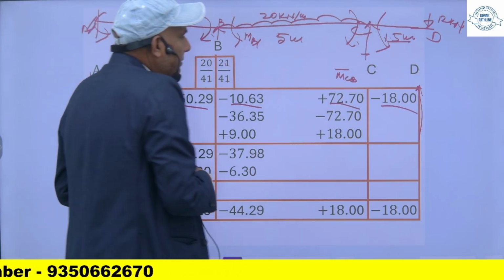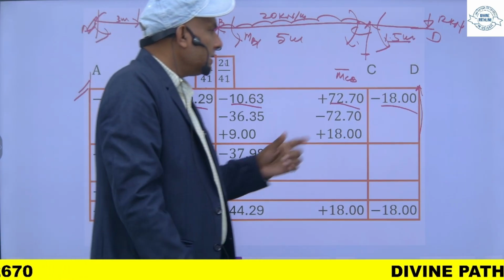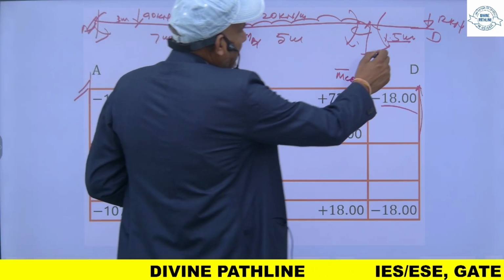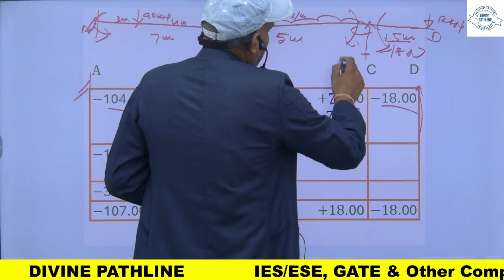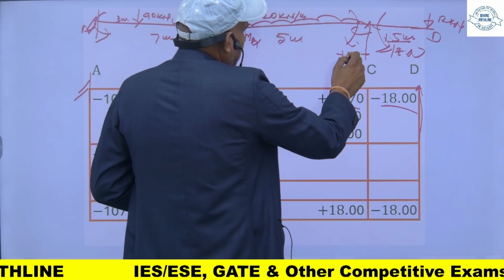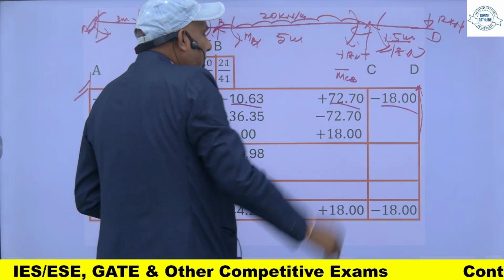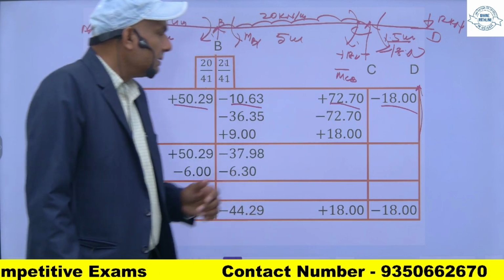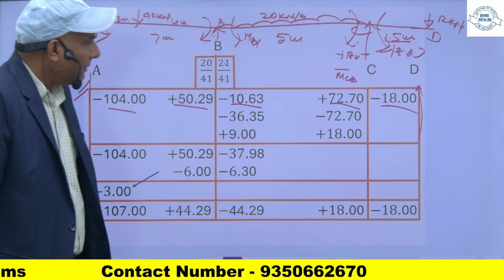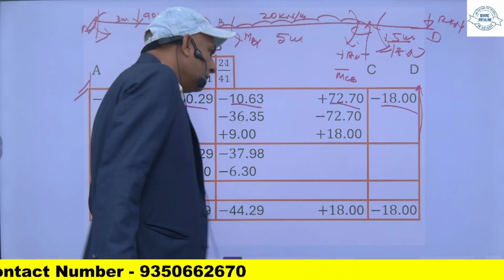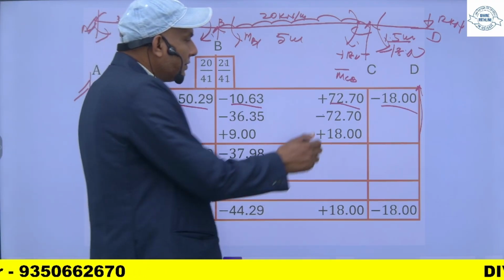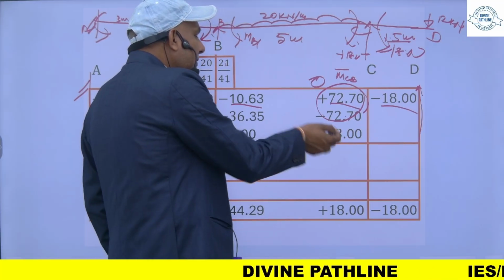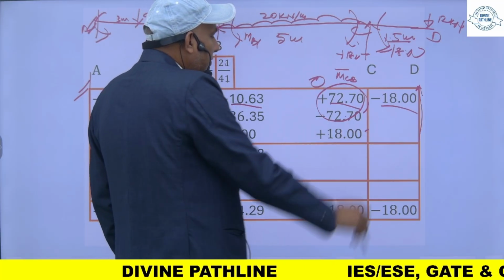If you see this point, this is joint C. The algebraic sum of the moments at this point should be equal to 0. So if this is minus 18, then the moment for this portion must be plus 18. So this plus 72.70, I will eliminate by putting minus 72.70 so that this becomes 0, and thereafter I will apply a plus 18 so that my moment at this point will be plus 18.